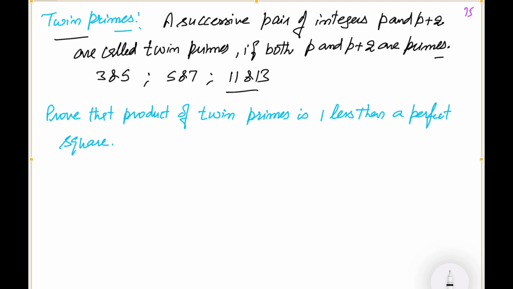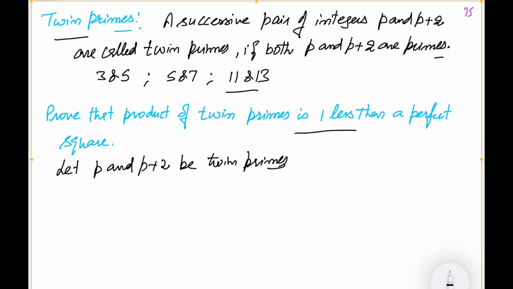Now we have some properties of twin primes. Prove that the product of twin primes is 1 less than a perfect square. Let p and p plus 2 be twin primes. Then their product may be written as p times p plus 2, which is p square plus 2p.